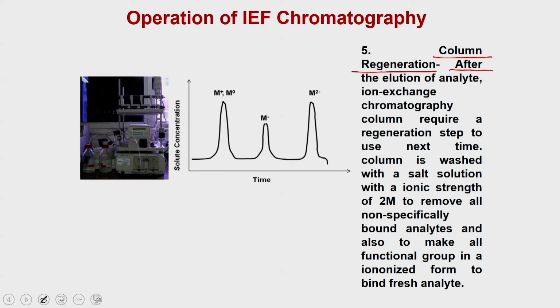After the elution of the analyte, the ion exchange column requires a regeneration step to use the column next time. The column is washed with a salt solution with an ionic strength of 2 molar to remove all non-specifically bound analytes.